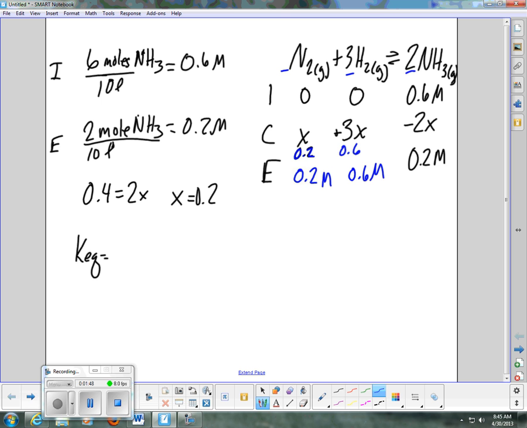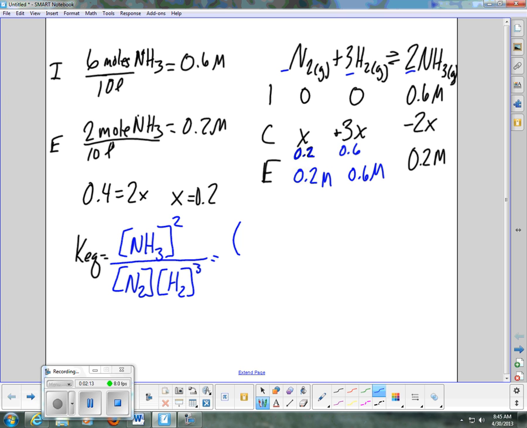To write our KEQ, we're going to just start and write the KEQ like normal. So products, NH3 to their coefficients as exponent, divided by reactants to their coefficients, which is 1 here, as exponents. Then I plug in what I just found at E, because that's at equilibrium.